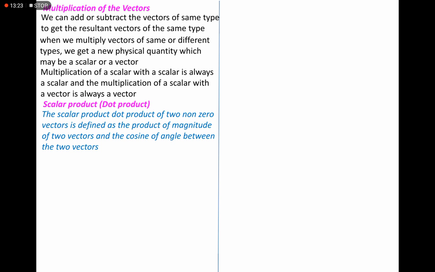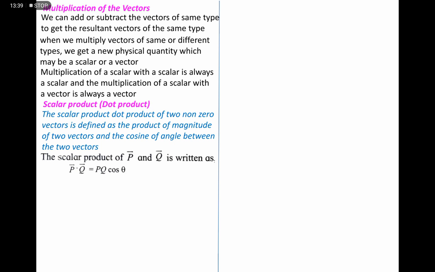We'll go with the equation. Scalar product of p bar and q bar, p bar dot q bar, is equal to pq cos theta.